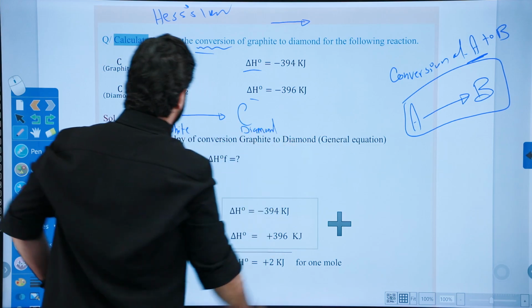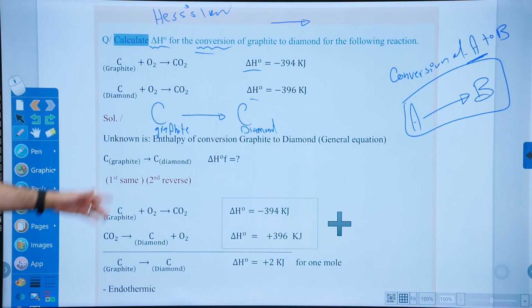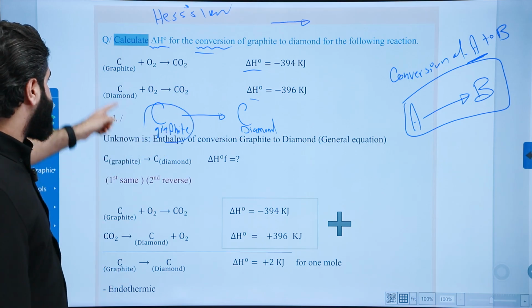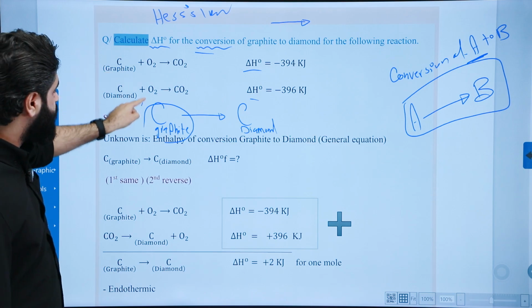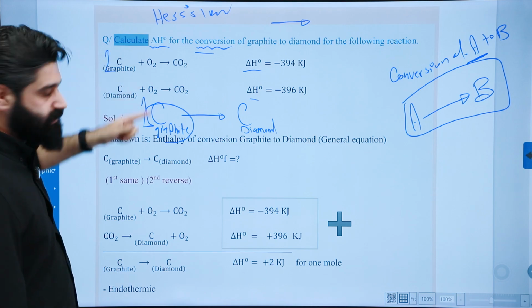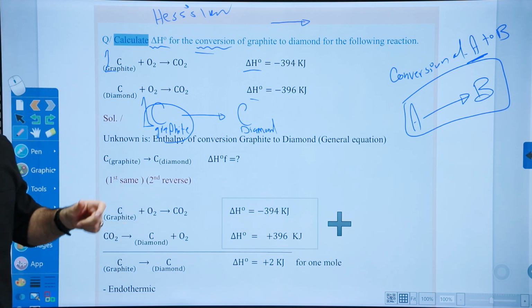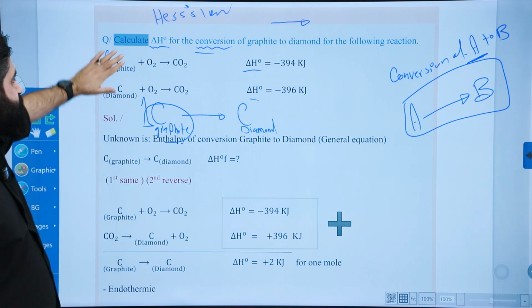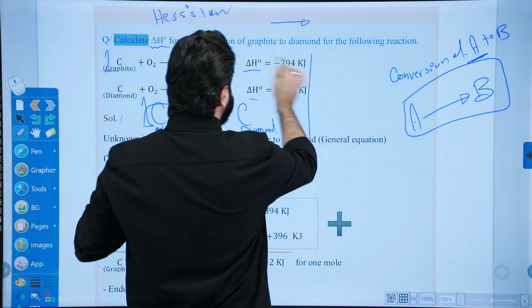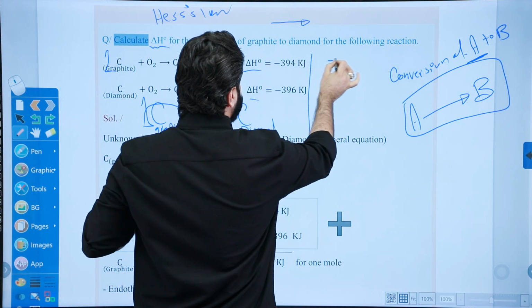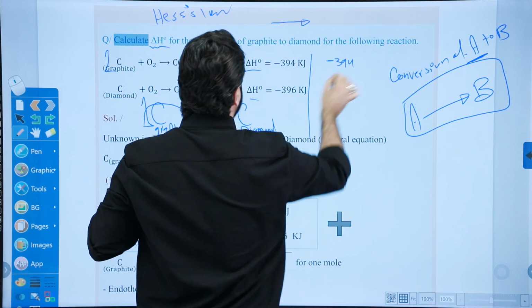This is the overall reaction, okay? Carbon graphite can be seen in the first equation. Number of moles is okay, totally okay. And about the position, this is the other reactant. We'll take this number the same as it is, negative 394, okay?